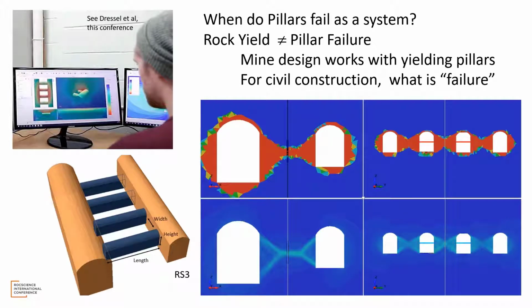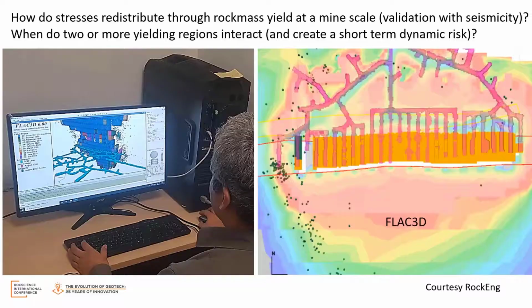One question that's of great interest, both in mining but also in civil construction, is when do pillars or a pillar fail as a system? And we can track rock yield, but that doesn't necessarily mean pillar failure. So mining design works with yielding pillars all the time. For a civil construction project, first we have to define what we mean by failure, and then how we measure that in our models.